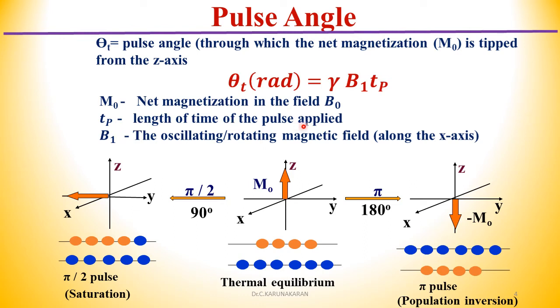If the length of time of the pulse is very small, then it will be tilted by 20 degrees, 10 degrees, etc. Therefore, the pulse angle depends on the applied radio frequency pulse and magnetic field, and also on the length of time of the pulse.